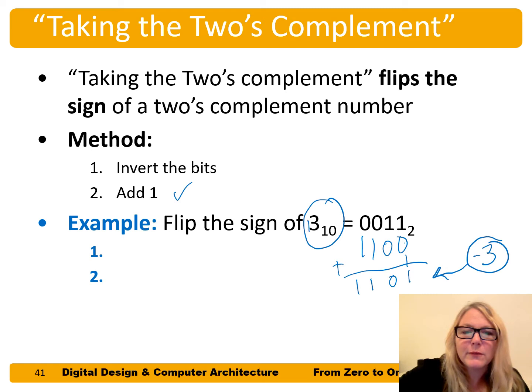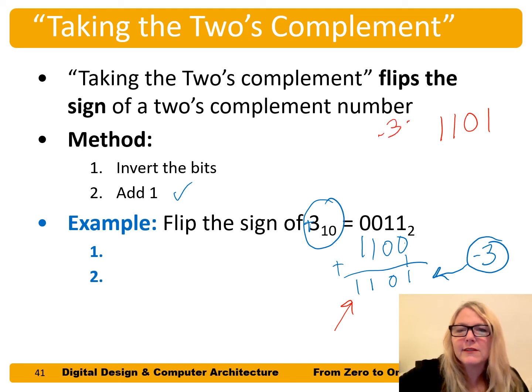So we flipped it from positive to negative. And we can use that same flipping the sign method to flip the sign from -3 to +3. So here's our 2's complement representation of -3. Step 1, we invert the bits, so we get 0, 0, 1, 0.